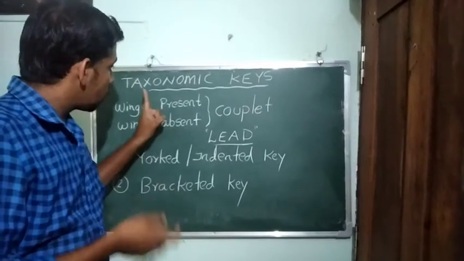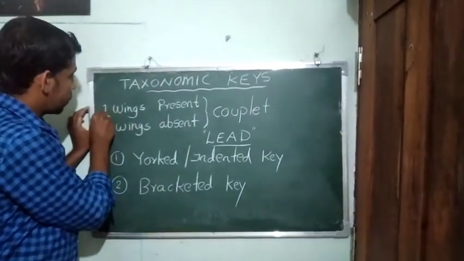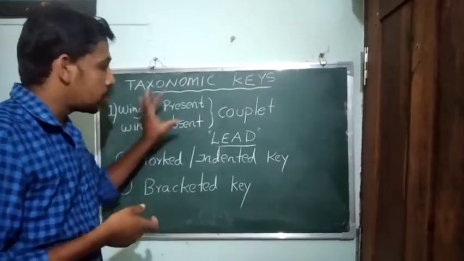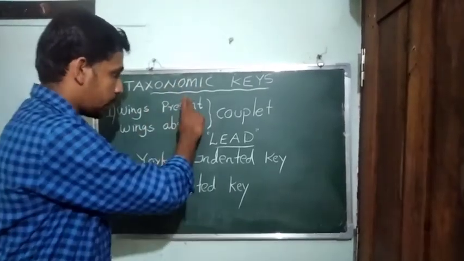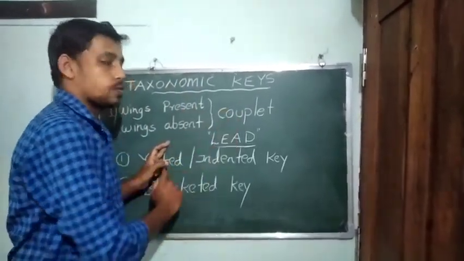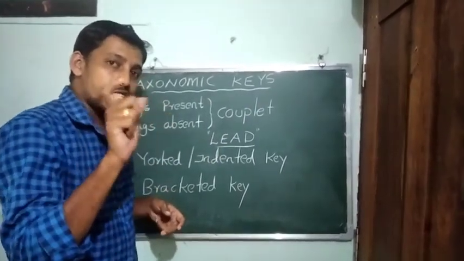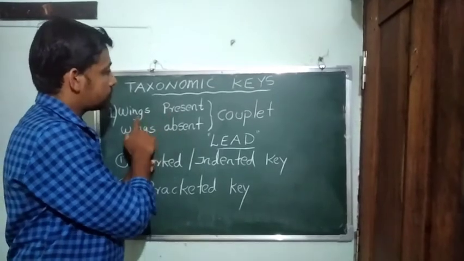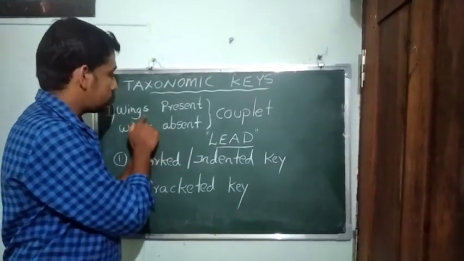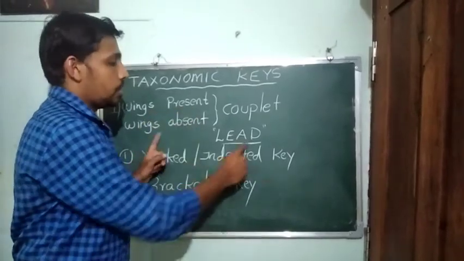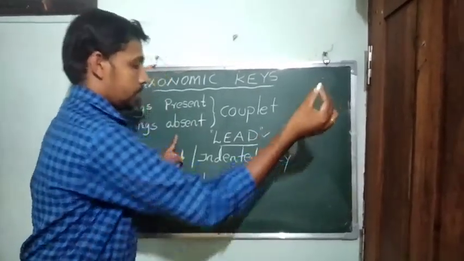So this is one contrasting statement: beings present, beings absent. It's a pair. This pair is known as a couplet. In each couplet there are two sentences, two statements. Each statement is known as a lead.